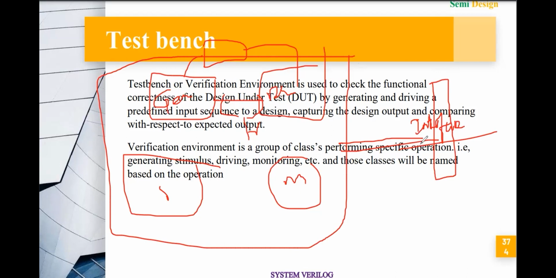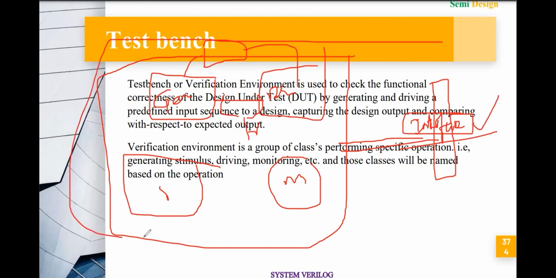Virtual means a pointer. An interface is what we used in Verilog, a normal interface. But a virtual interface supports dynamic nature, because all our classes, generator and driver, are classes. Everything is class based verification, which is dynamic in nature. To support that class based verification, we use the virtual interface.